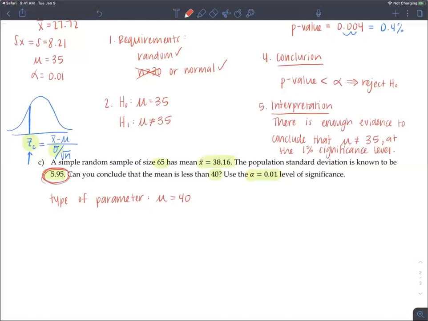I know it's a standard deviation, but is it sigma or is it S? Look at right here. Whenever you're told population standard deviation, what symbol is that? Sigma. Yeah, that's sigma.